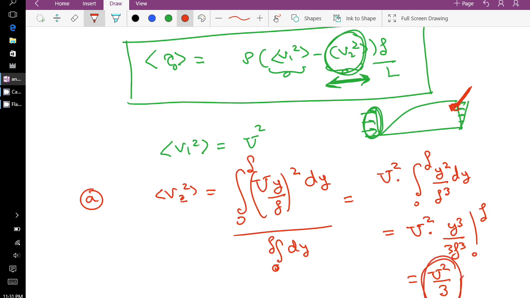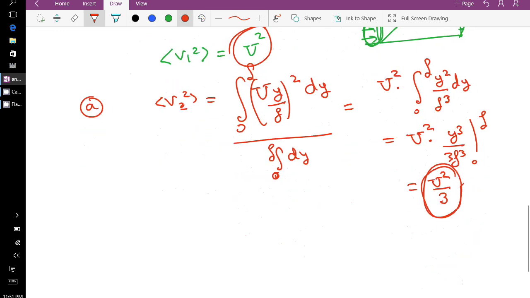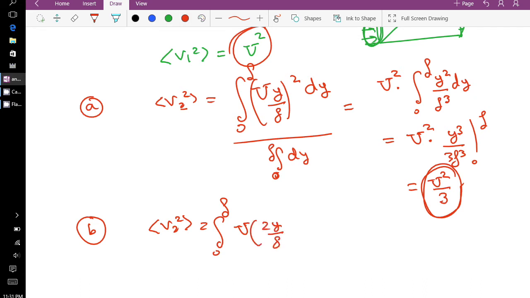It is not u square, so this will not get cancelled, and we'll have some finite stress. And then we can also do the same for the other case, in which we have a parabolic velocity profile, which is u into 2y by delta minus y square by delta square, now the whole square of this times dy from 0 to delta.